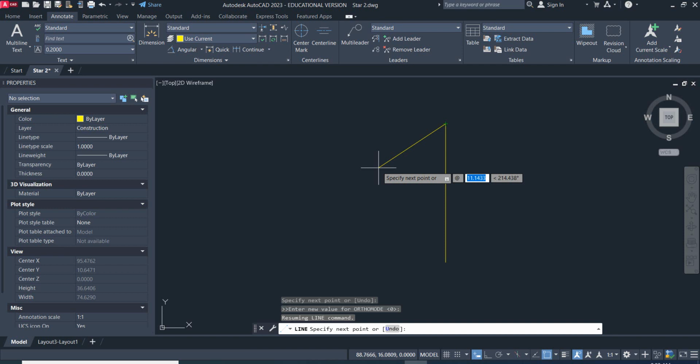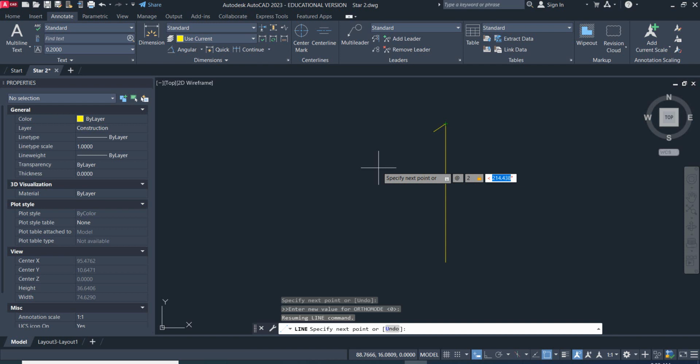I know I want my line to be 2 units long, so I would type the @ symbol, and I would go 2. Now, if I type a comma, it will default to a coordinate. So I press the Tab key, and it defaults to an angle.